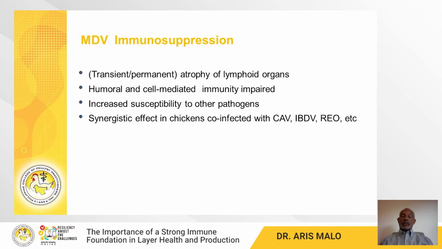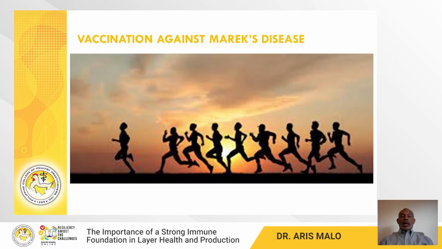It will cause an impairment of the humoral and cell-mediated immunity, increase susceptibility to other pathogens, and there will be a synergistic effect if other immunosuppressive agents are present, like chicken anemia virus, reovirus, or Marek's disease virus together with infectious bursal disease virus.